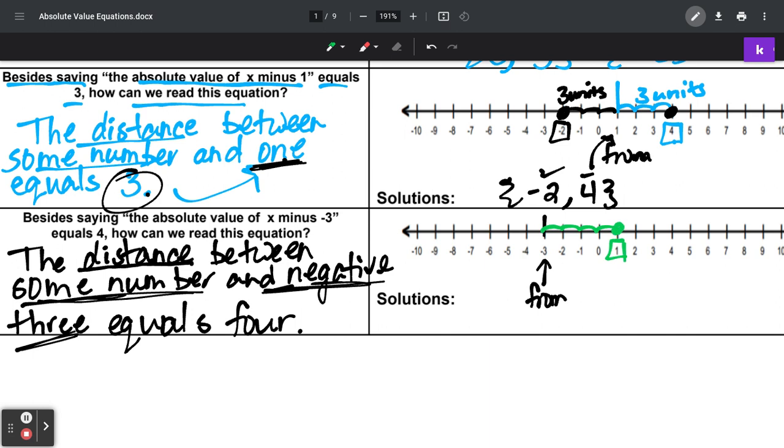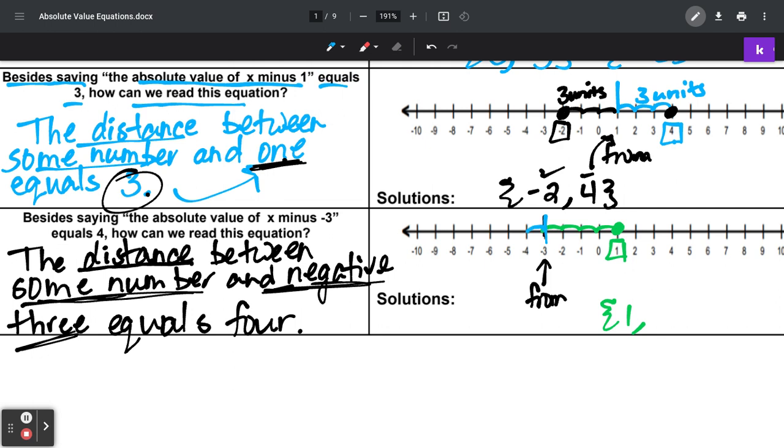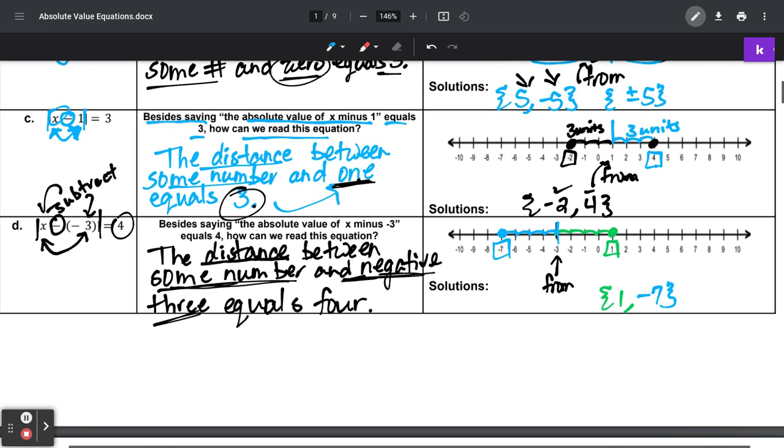Put a dot, guys, on 1. And what other number is 4 units from -3? So let's go back to the left and see. From -3. 1, 2, 3, 4. -7 would also work. So your two solutions are 1 and -7.